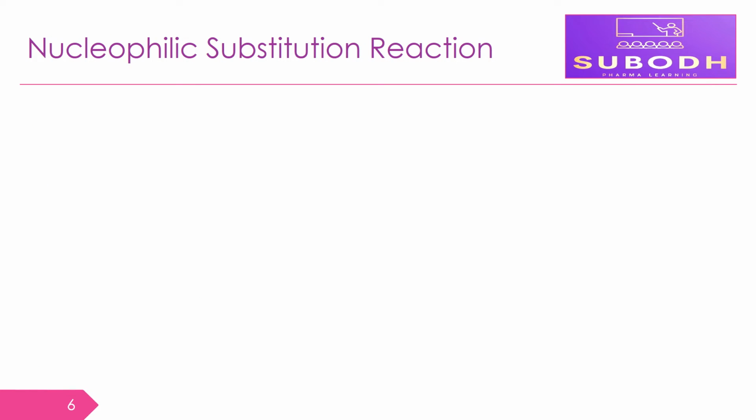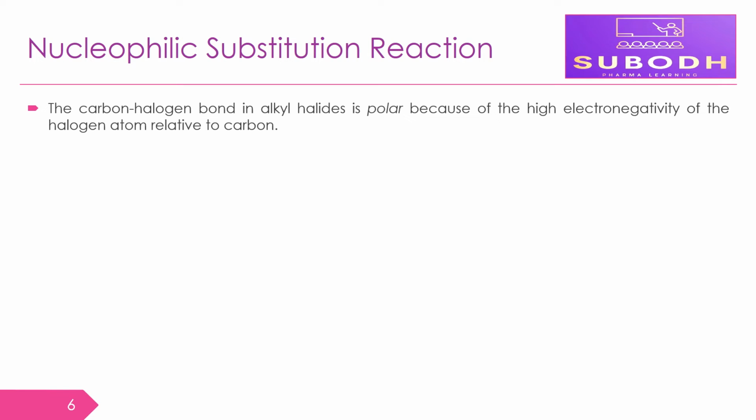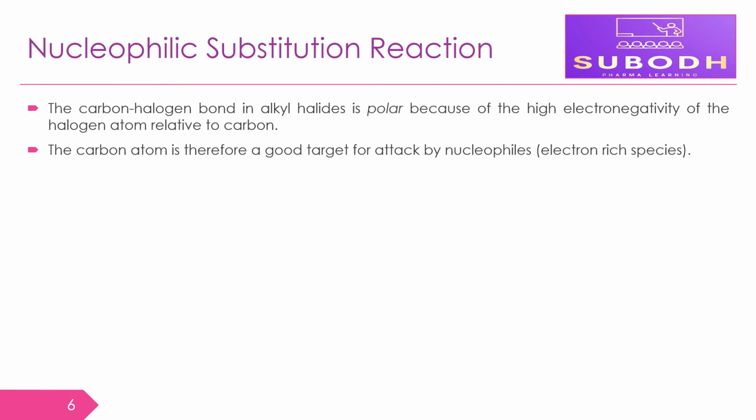Now we will see the nucleophilic substitution reaction. The carbon halogen bond in alkyl halides is polar because of the high electronegativity of the halogen atom relative to carbon. The carbon atom is therefore a good target for attack by a nucleophile, that is, an electron rich species.